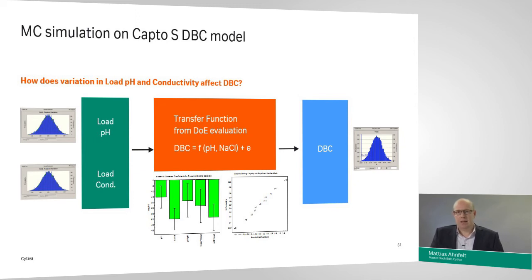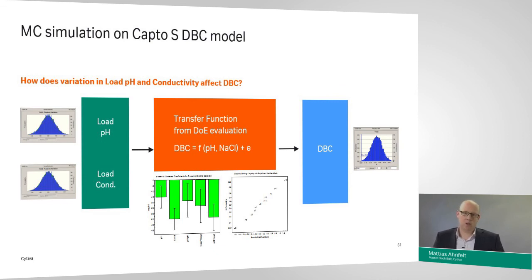What we do next is to assume or employ probability distributions for the process inputs. So that in this case would be the load pH and the load conductivity. So instead of choosing a set point, only a target, we will say, okay, we have a target and we have some variation around this.